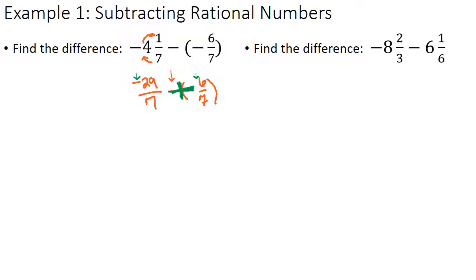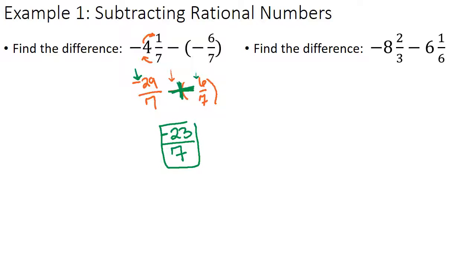Since I'm adding opposite signs, negative and positive, I can just treat it like normal subtraction. So I do 29 minus 6, which is 23. Because my bigger number was negative, it's negative 23. So I have negative 23 over 7 as my answer.